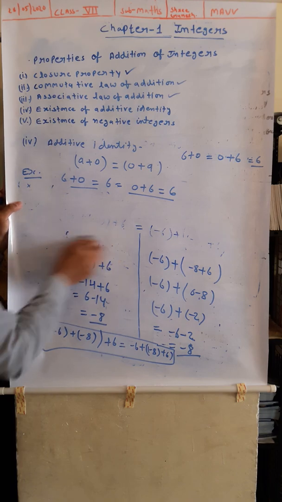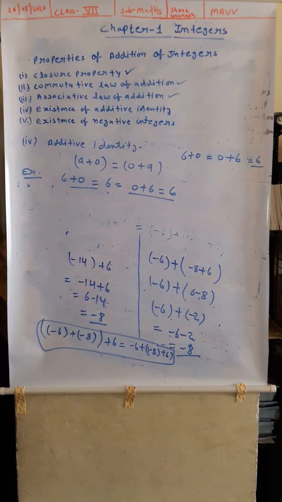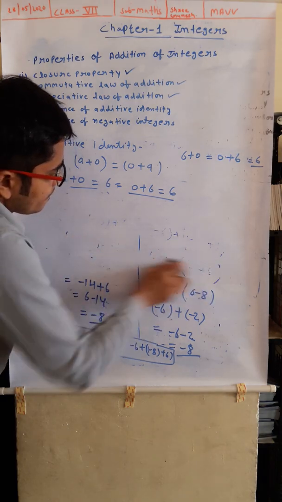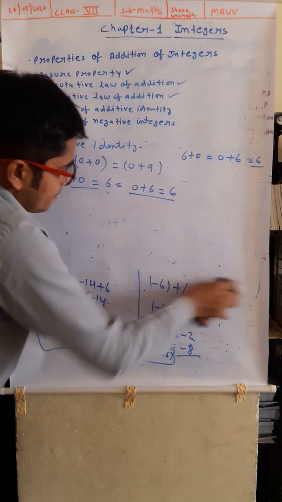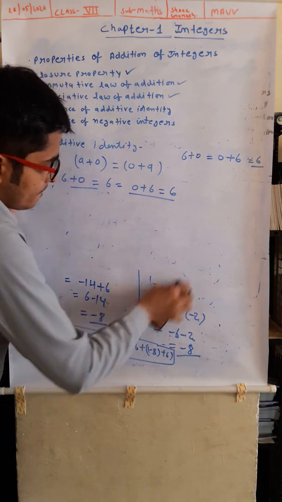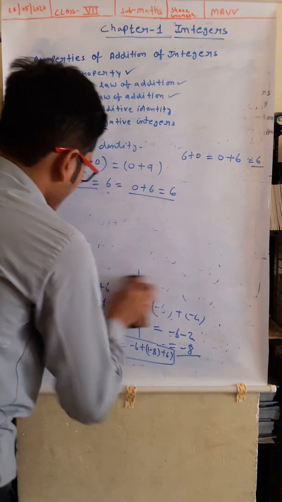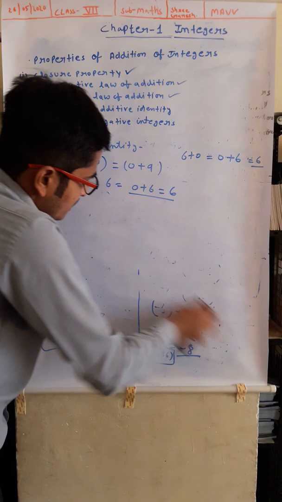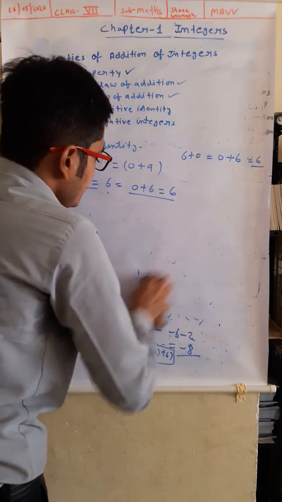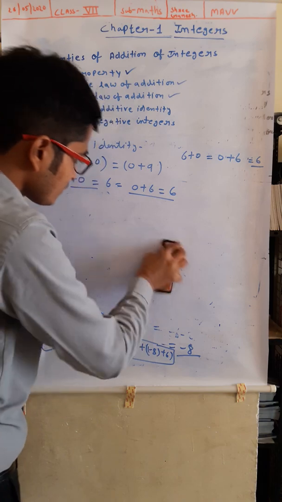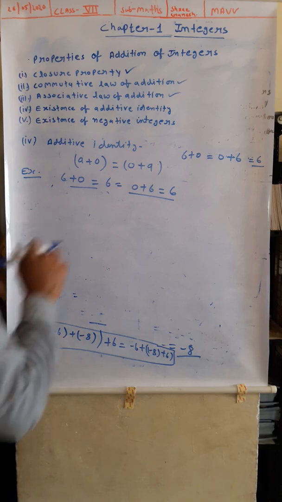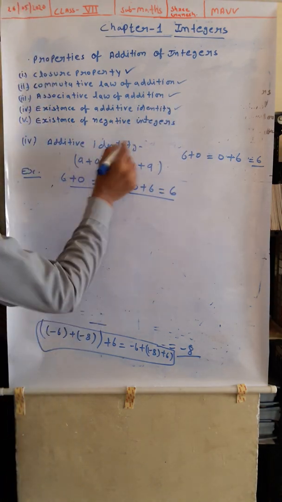Existence of negative integers. Okay, the last property we are going to learn is existence of negative integers.